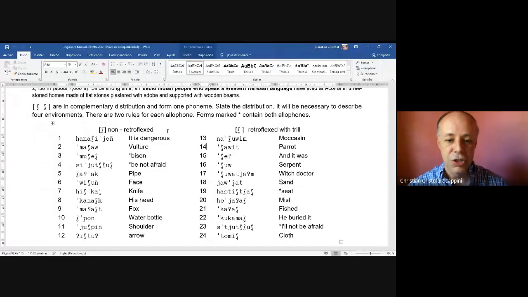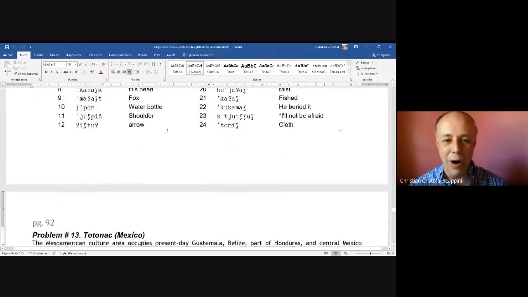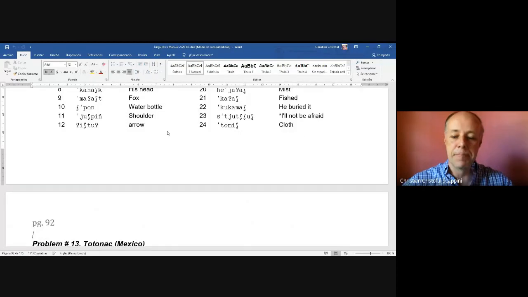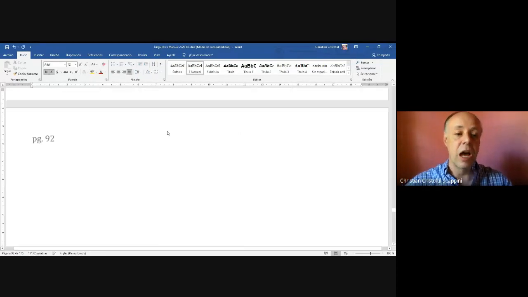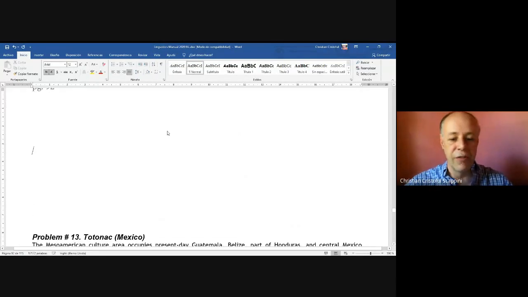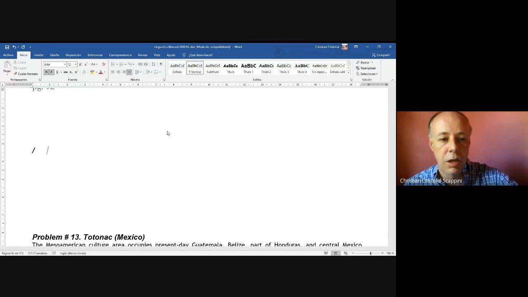So just because of that part of the instructions, I can definitely write this, and then an arrow like this, and then this is one phoneme which has two different allophones.